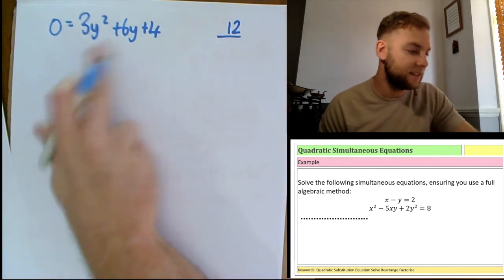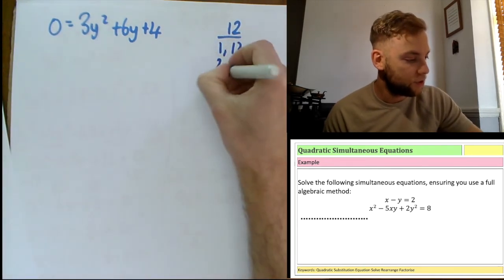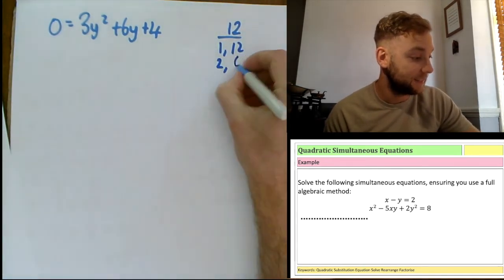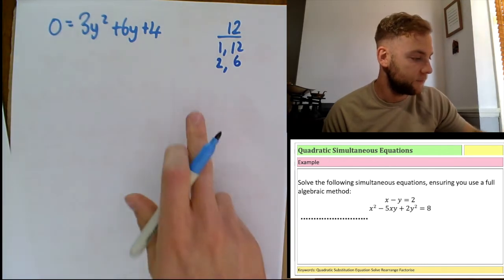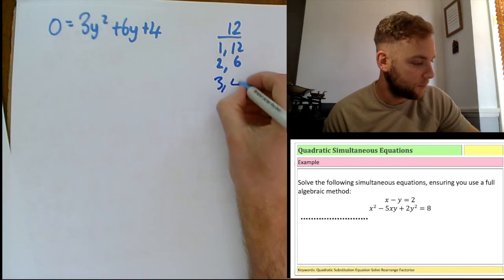So I need something that times together to make 12 and adds together to make 6. So 1 and 12, 2 and 6, 3 times 4.